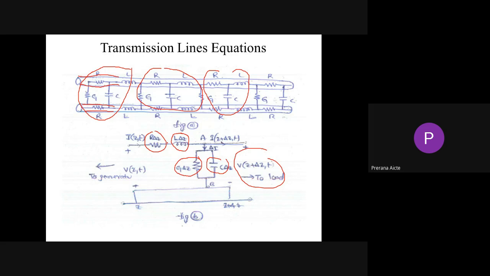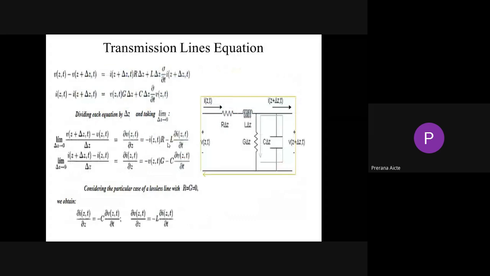Now, by applying the Kirchhoff voltage law, the output voltage in the equivalent circuit, V of Z comma t: this voltage minus this voltage is equal to I of Z, t minus I of Z, del of t into R of Z, plus L into dou by dou t of I of this value.